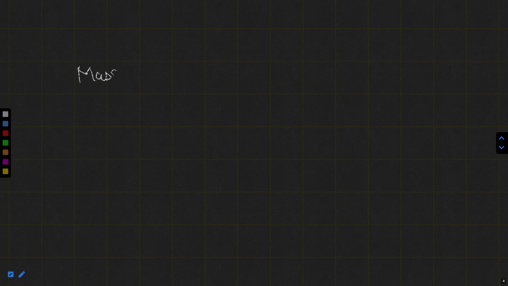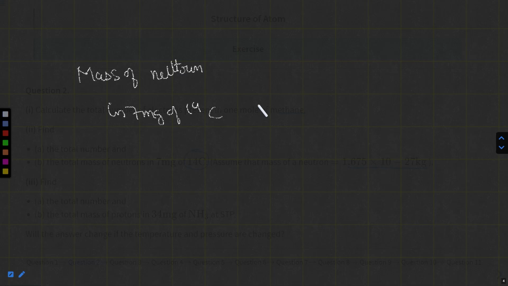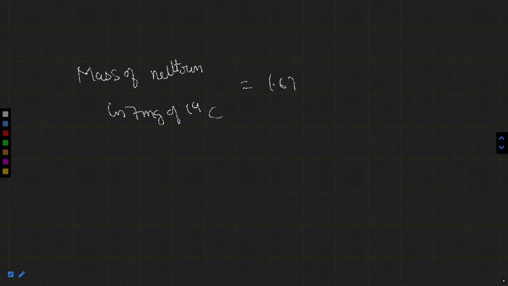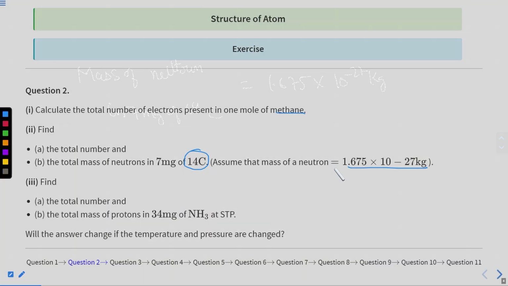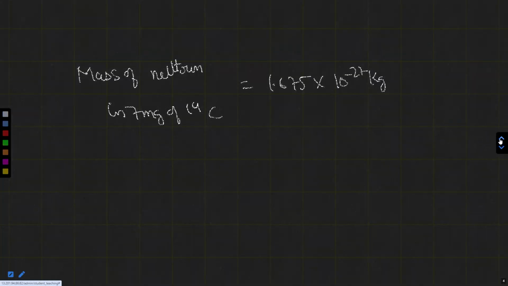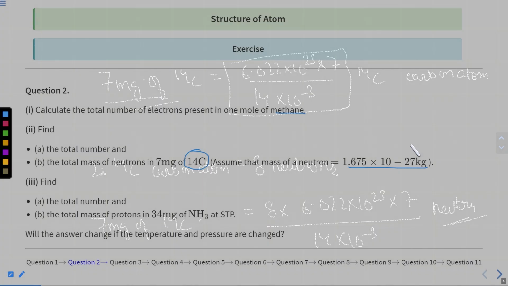Mass of neutron in 7 milligram of 14C. So that would be 1.675 × 10^-27 kg, and it will be multiplied by this much.